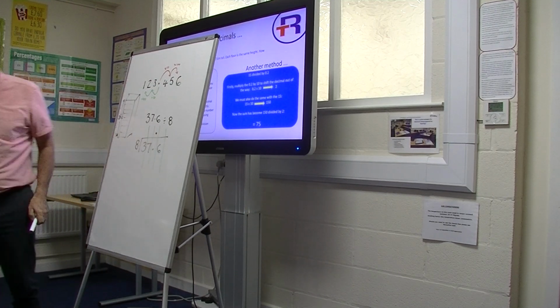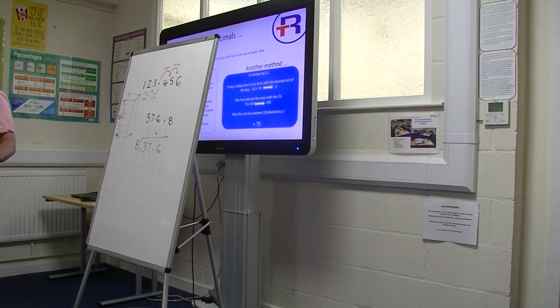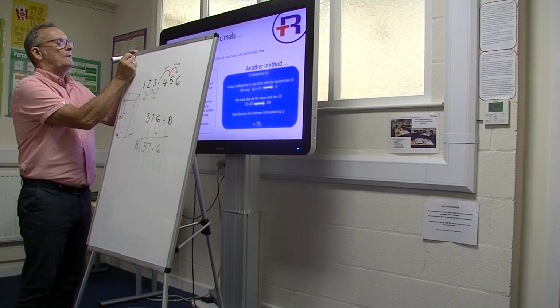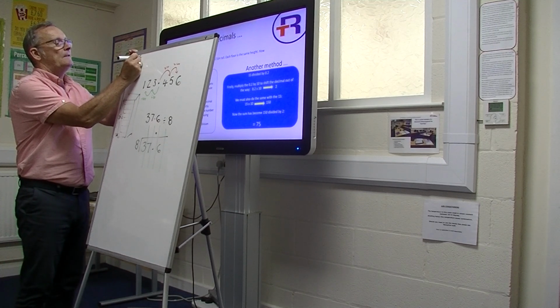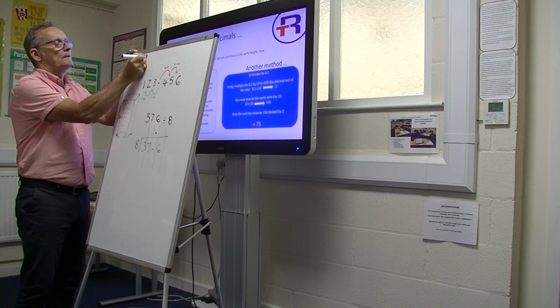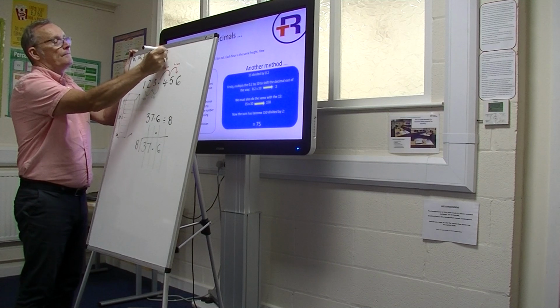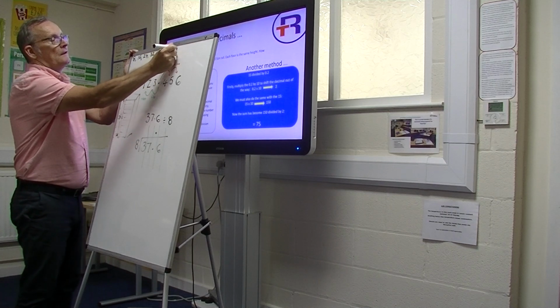There it is. Okay? What do we do now? We just do a normal division. We're using our 8 times table. Oh, I'm not so good with them. Well, that's okay. Let's write them down here. 8, 16, 24, 32, 40, 48, 56.